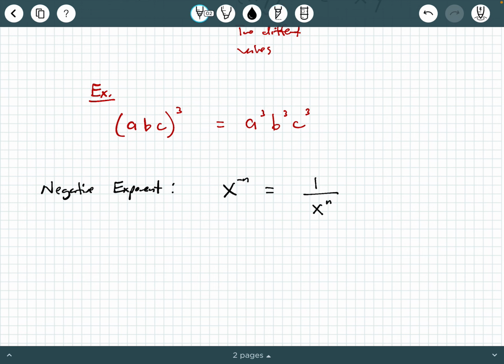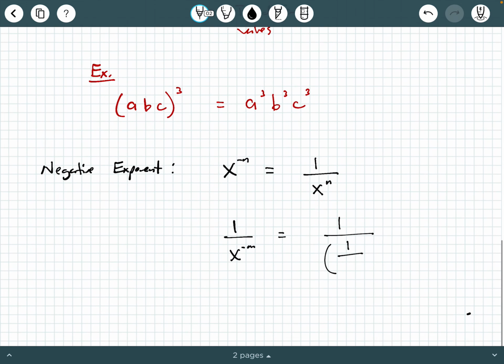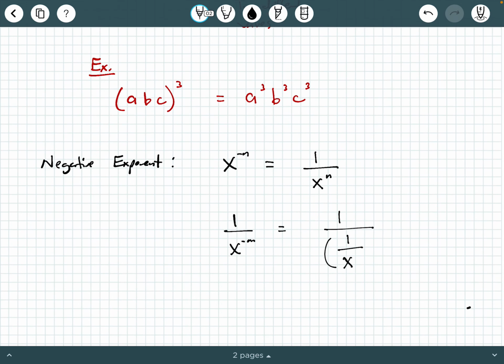And then likewise, if you had 1 over x to the negative m, you can say 1 over 1 over x to the positive m, and this just becomes x to the positive m power.